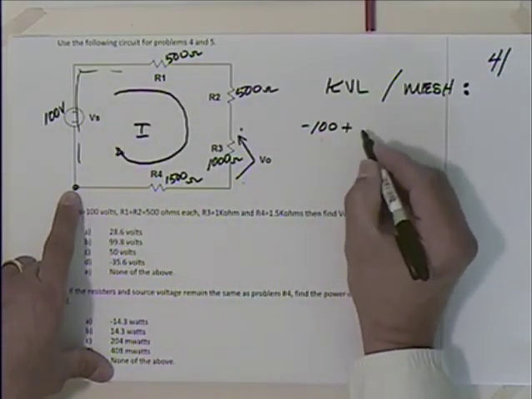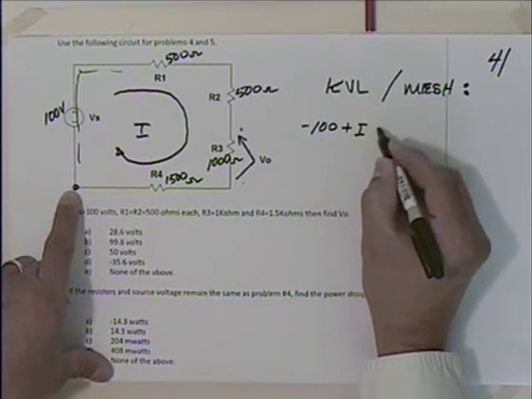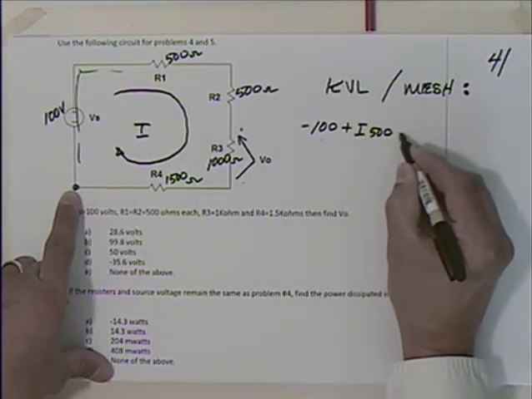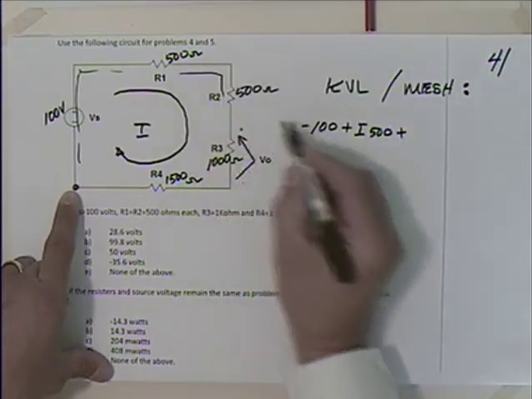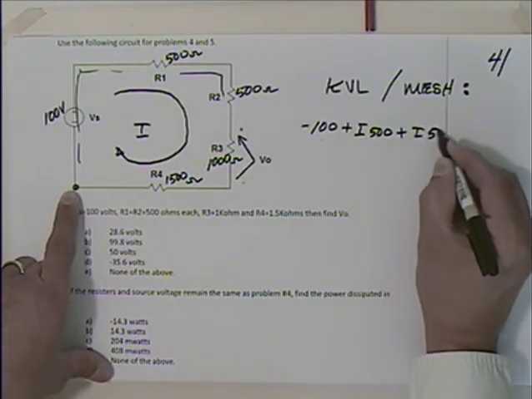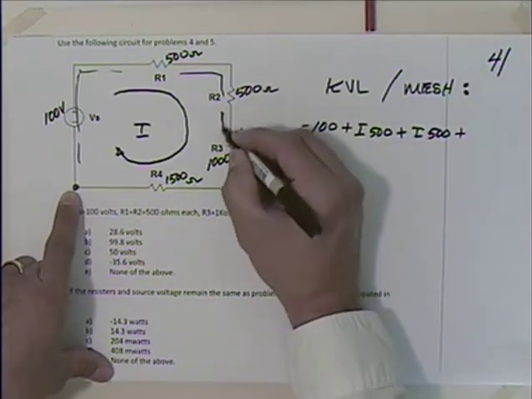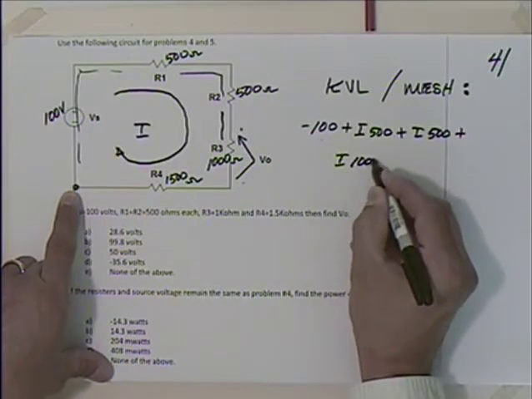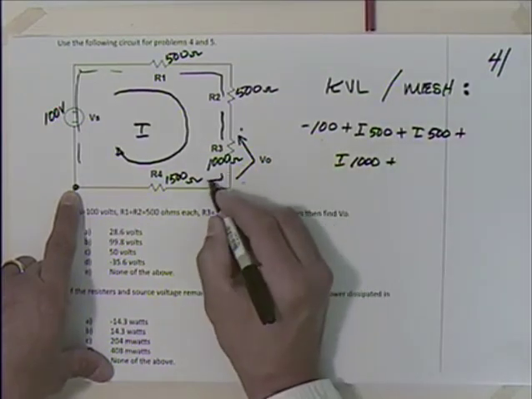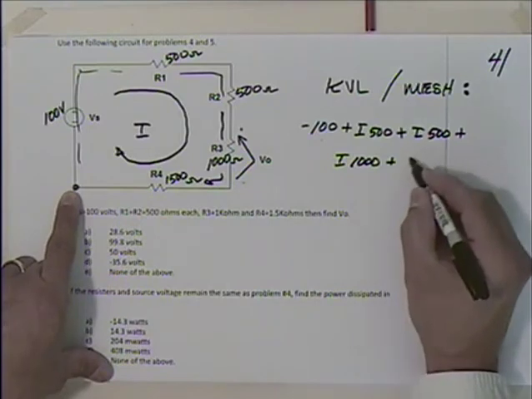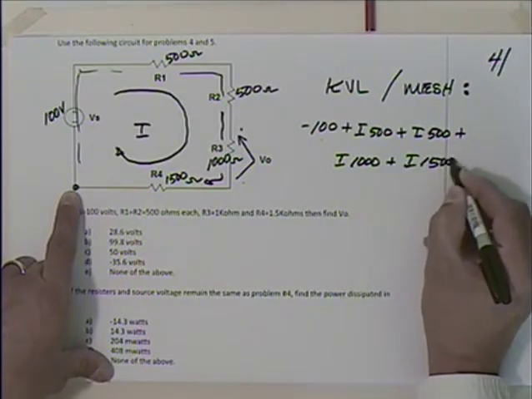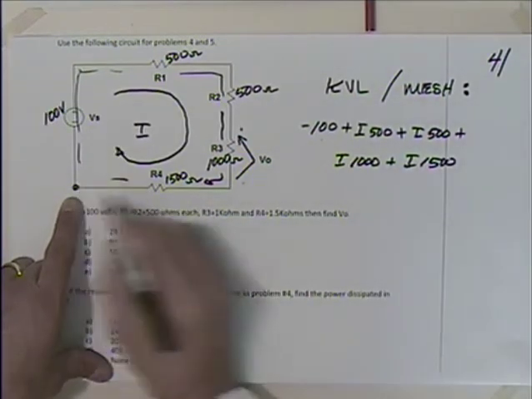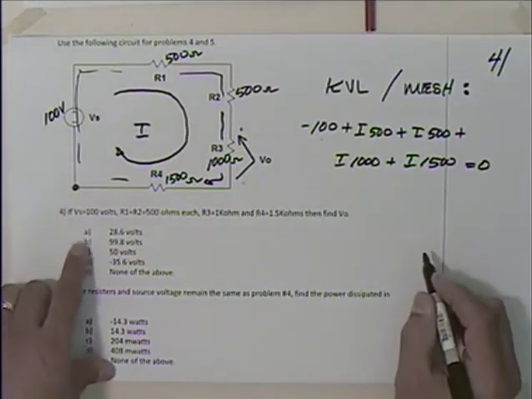I'm going to take drops as positive, so I'm going to have I times 500 plus another I times 500 plus another I times 1,000 plus another I times 1,500 gets me back to my starting point. Kirchhoff says that's equal to 0.